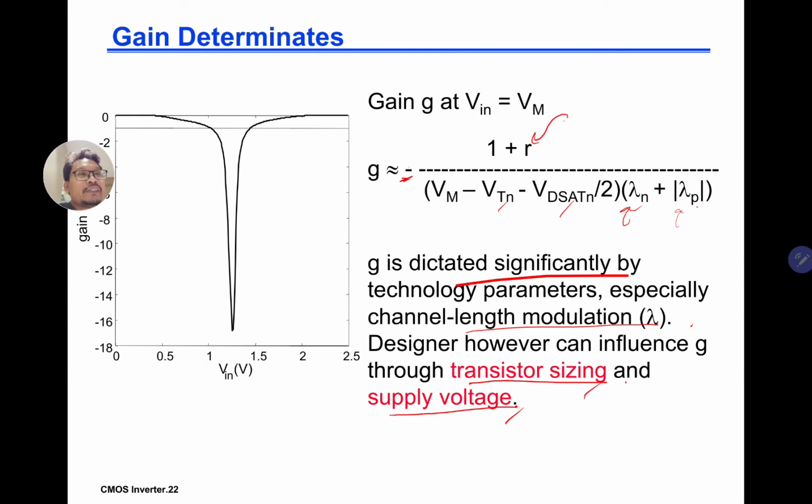But supply voltage we don't really have control over; for digital, at least, VDD is 2.5 volts. The main thing we can control as a circuit designer is the size of your transistors, your layout.